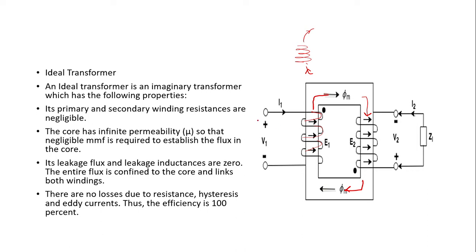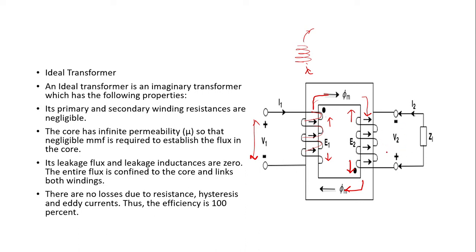If the applied voltage is V1, we have talked about that, there is an induced primary voltage, that is E1, right? And due to this induced primary voltage, the flux will flow, and there will be an induced secondary voltage, which is E2, and that is responsible for the supply of V2, right?